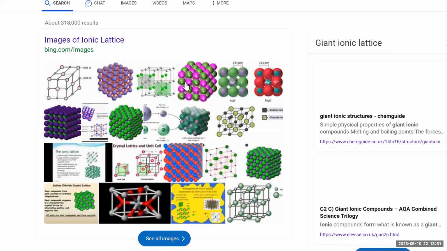Let me put up a picture. So here's your typical ionic lattice.